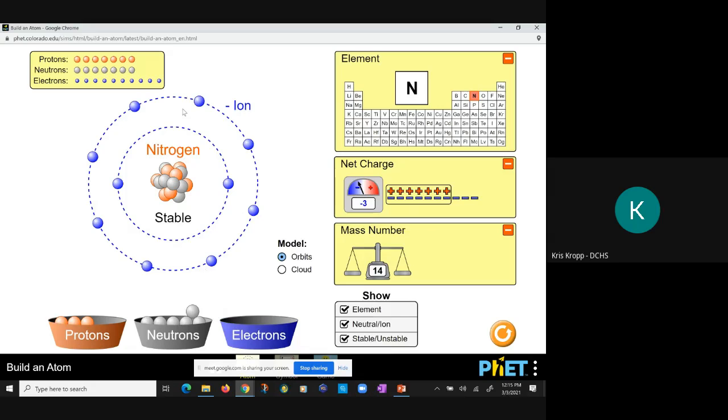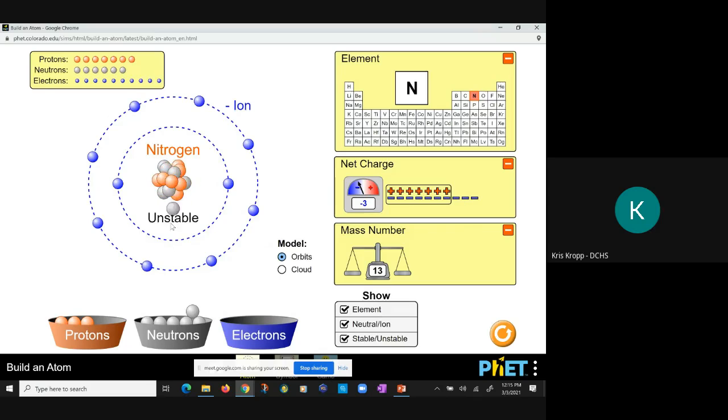And when it does that, of course, it's going to form a negative ion, an anion, because now it's got 3 more electrons than the number of protons. And you can see that readily up here as well. So this is the nitride ion. And again, it's chemically stable. It's electrically stable because it's got a full outer energy level here.